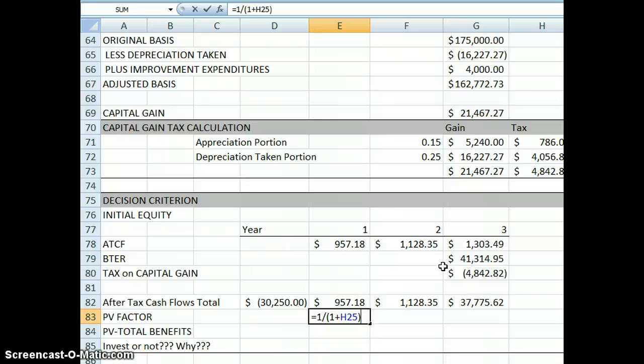And then we're going to multiply this by the year. We're going to fix 12%.